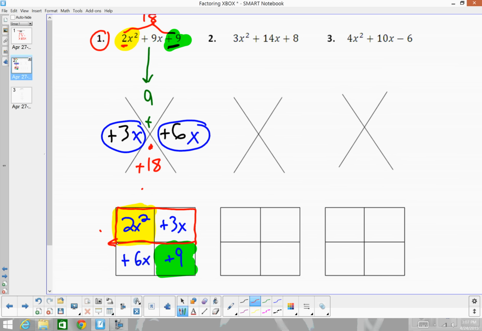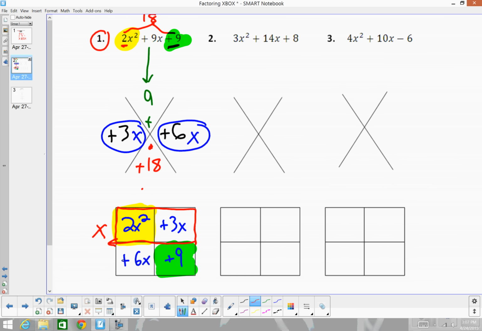So what is the greatest common factor of 2x squared and 3x? They don't have a number I can divide both 2 and 3 by, so I can't take out a number. But what can I take out? I have x squared and x. They both share an x. Good, so that's my greatest common factor for the top.